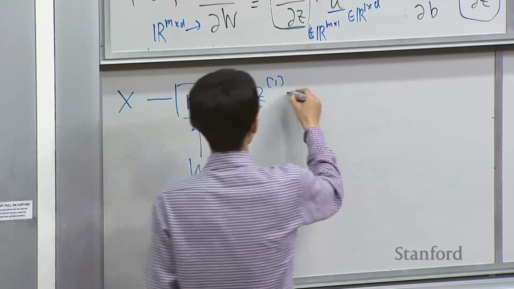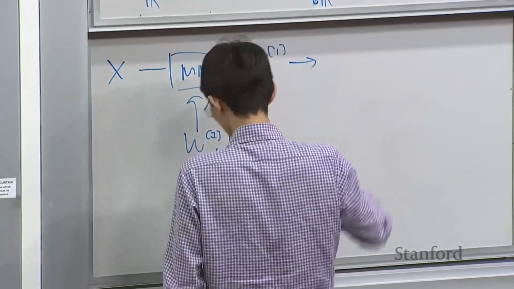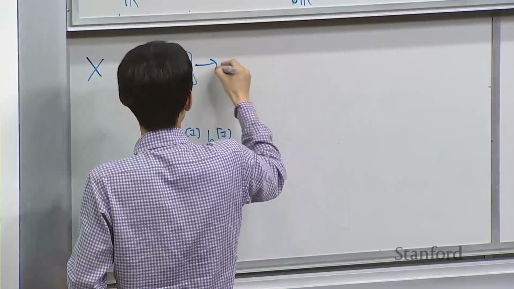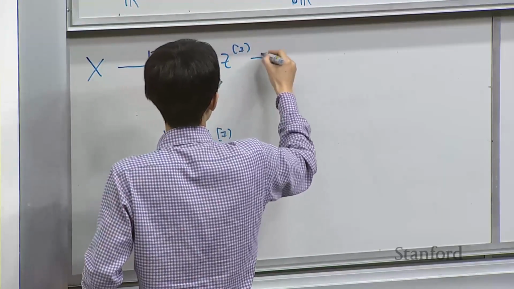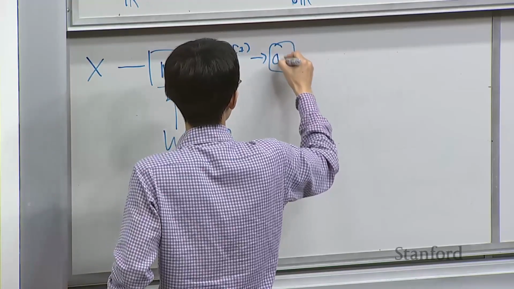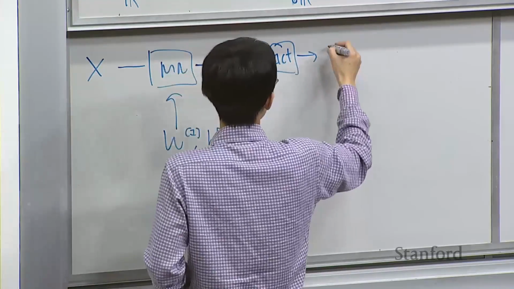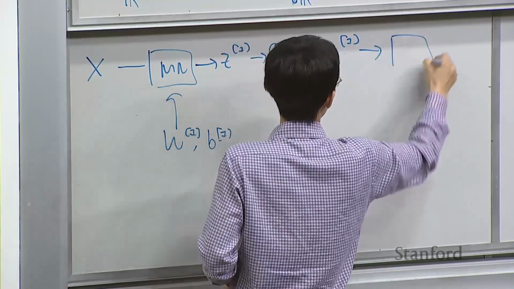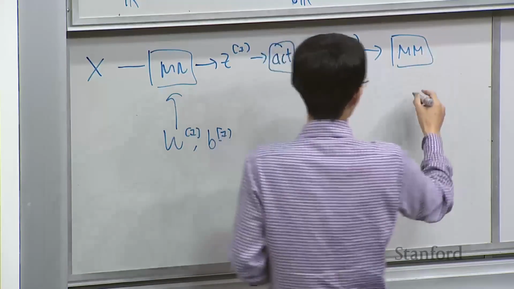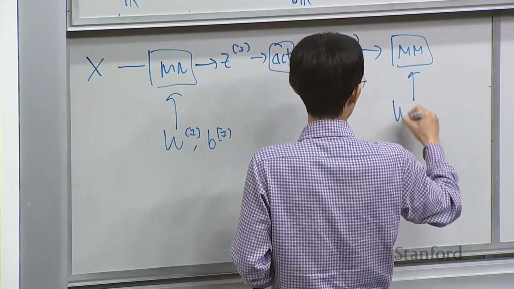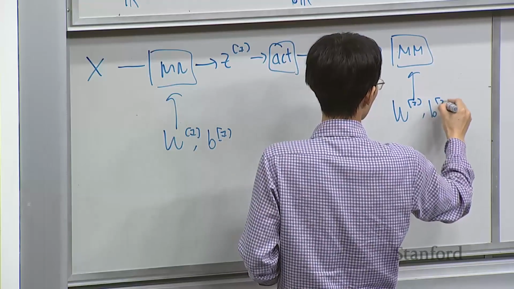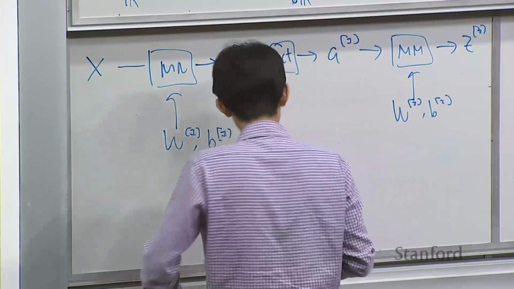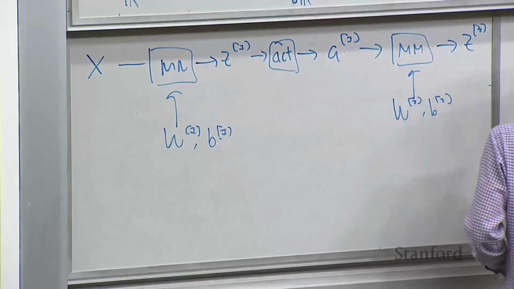And then you do another matrix multiplication. Maybe you get Z1, and you apply the activation, and you get A1, and then you do a matrix multiplication with W2, B2, and then you get Z2.